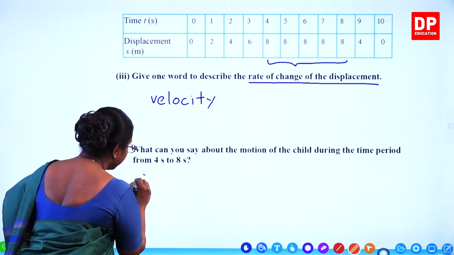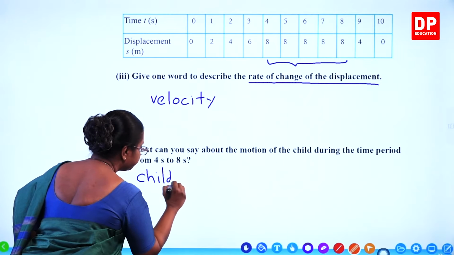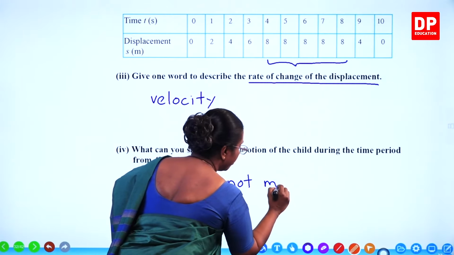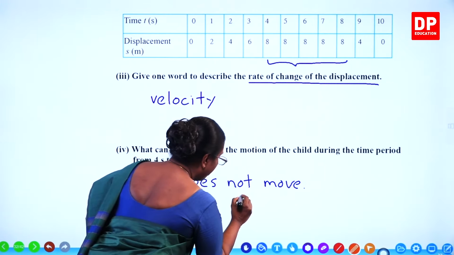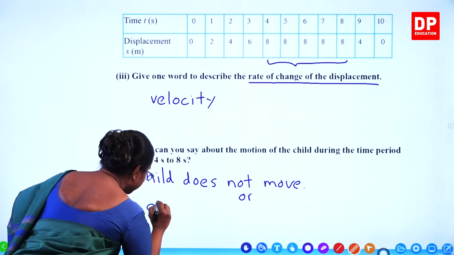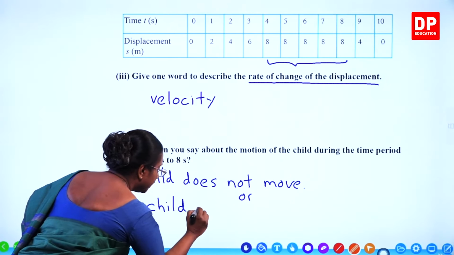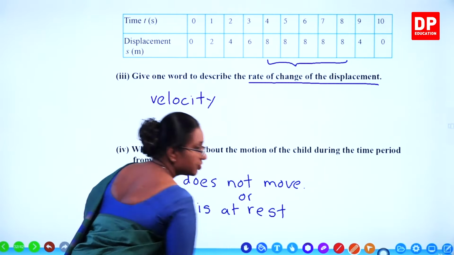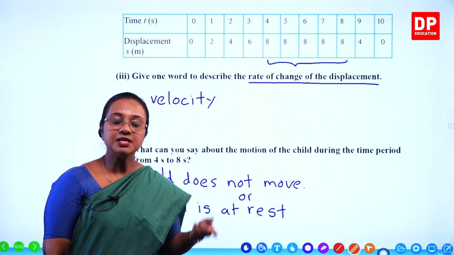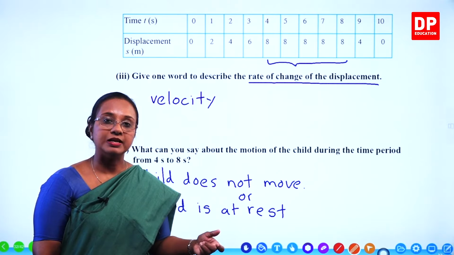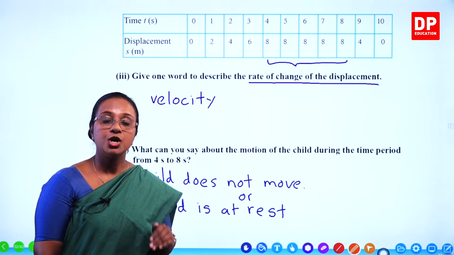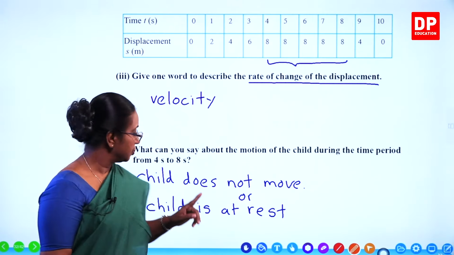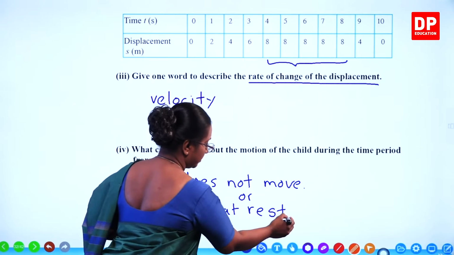So, you can write the answer as the child does not move, or you can say the child is at rest. So when an object or a person does not show any movement and the displacement doesn't change, we say that the object or the person is at rest. So here the child is at rest.